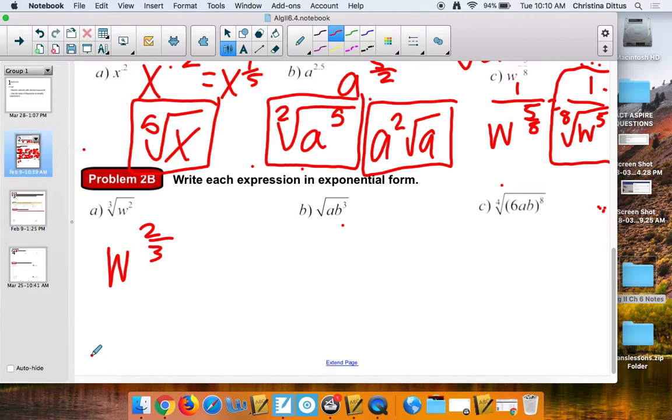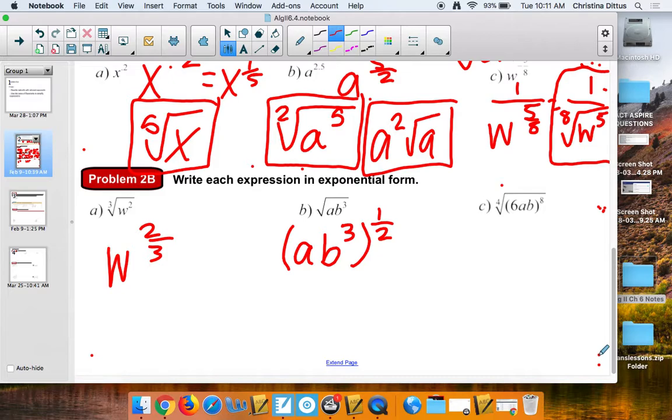So what we're going to do is put in parentheses my radicand, the inside stuff, and then I'm going to tack on my power, my exponent. And what do I have as my index? 2, so this is going to become 1/2. Okay, are we okay with that step?